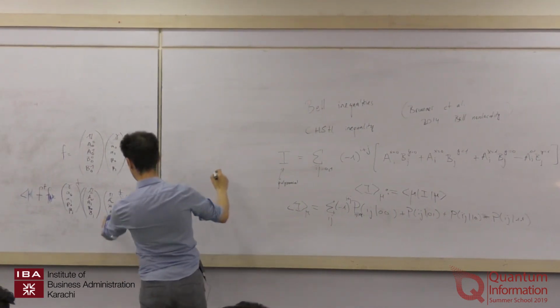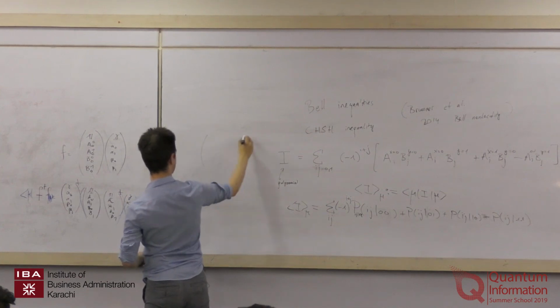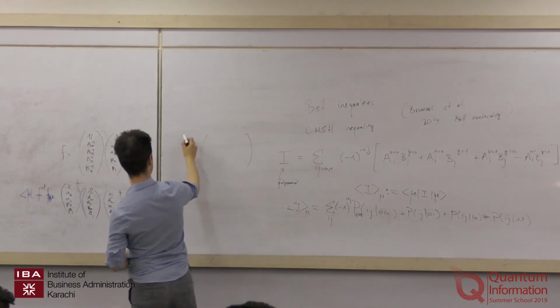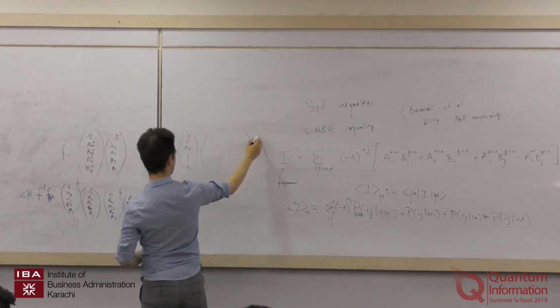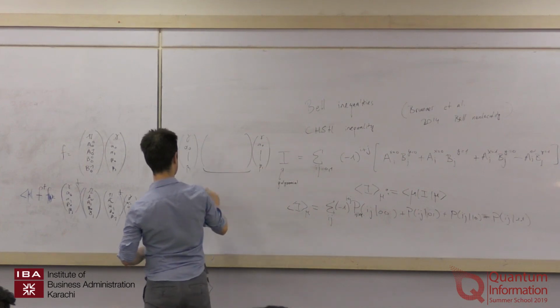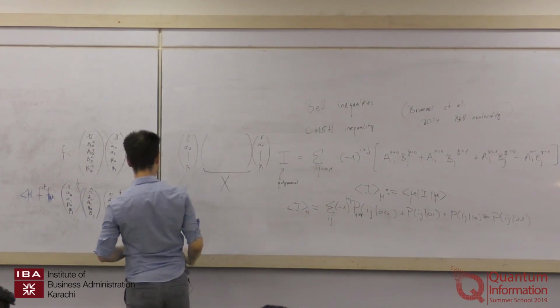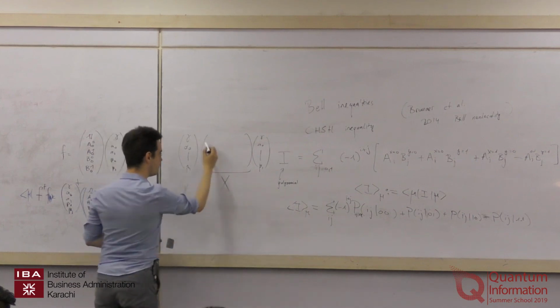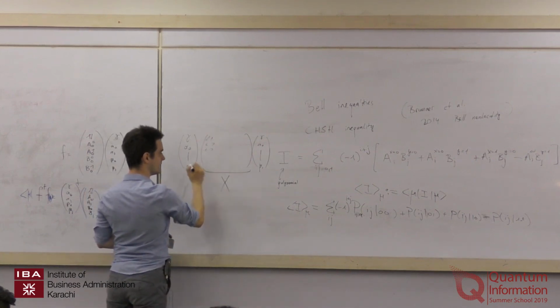Okay, so in the middle, this is a matrix of operators. And I have my vector of scalars on the right here and on the left. So what happens is that this is a matrix that I'm going to call X that is composed fully of expectation values of things.